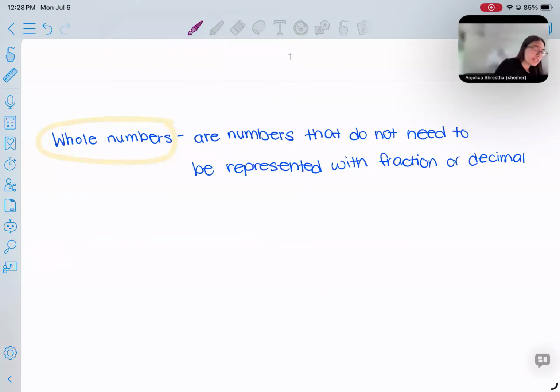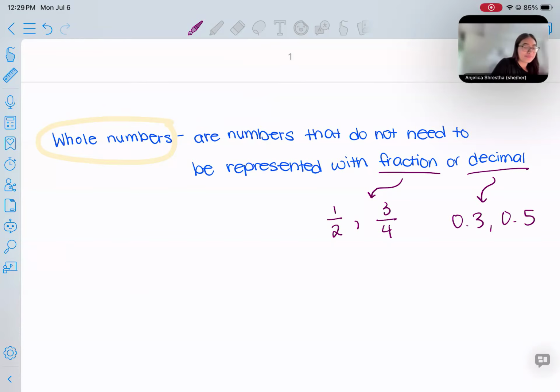What's a fraction again? Right. Did I hear 1/2? Okay. What's another one? 3/4. Right. And what about an example of a decimal? 0.3? Okay, perfect. And 0.5.